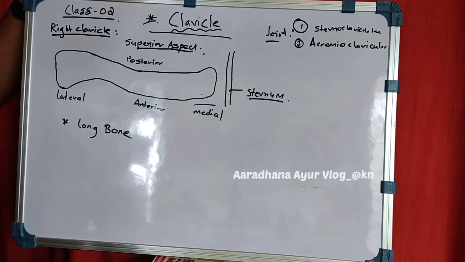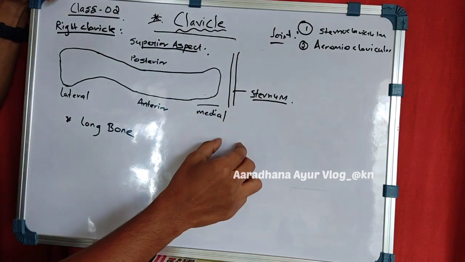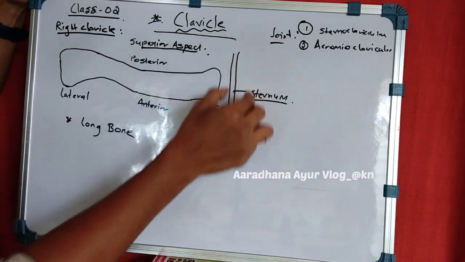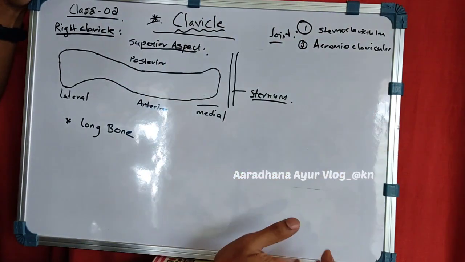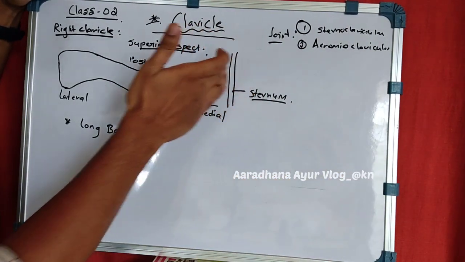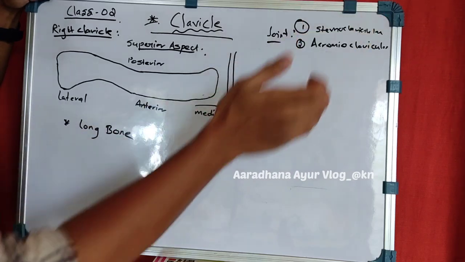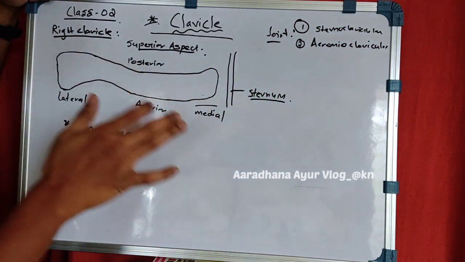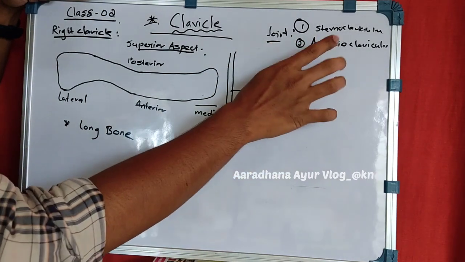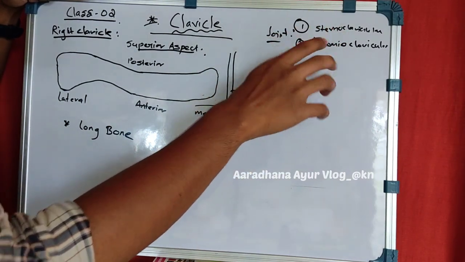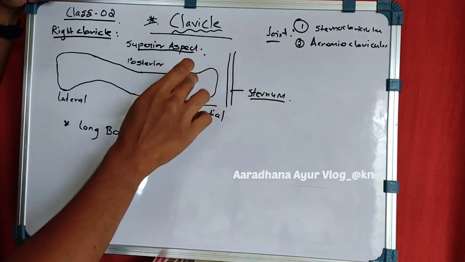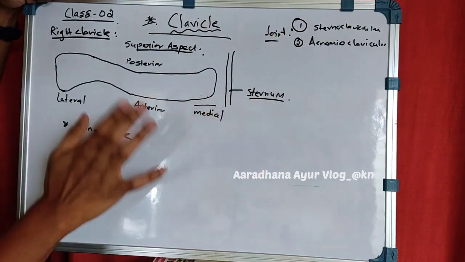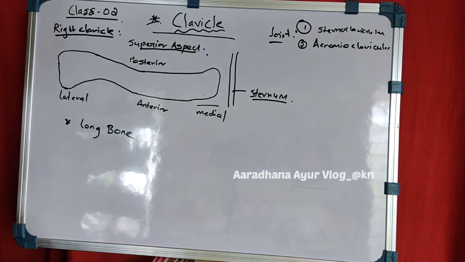Sternoclavicular, the name suggests the sternum, that is the breastbone on the medial side. We will study the sternum in the next session. The sternum and clavicle make the sternoclavicular joint; the clavicle and the acromion process make the acromioclavicular joint. We have studied these two bones in the shoulder region, the clavicle and the scapula.